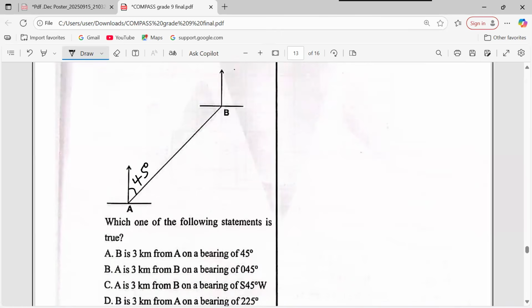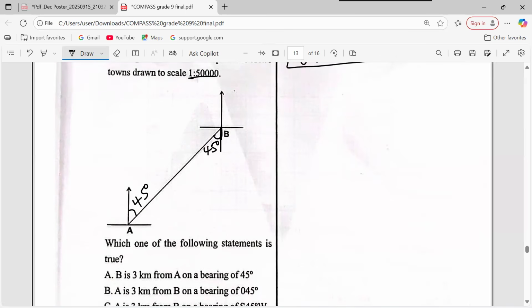With 45 there, it also means that if I extend these, I'll be having a 45 at that point. So let's first of all analyze all of the true statements. This distance, when measured, you discover that this distance is equal to 3 kilometers.